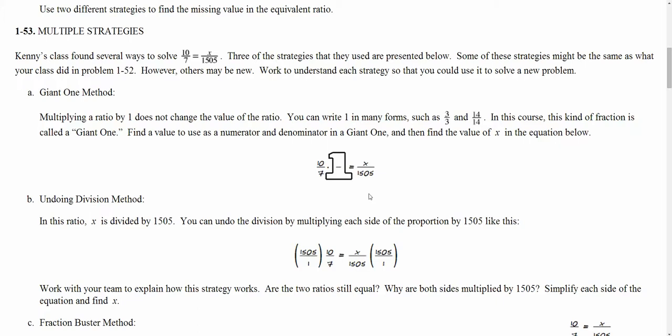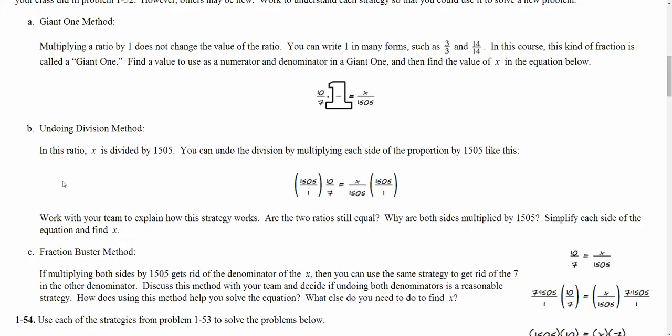And your answer is it's going to take Kenny 2,150 minutes to actually do all these origami cranes. Not that bad if you know that the trick is to take 1,505 and divide it by 7. So take the larger number divided by the smaller number, find out what you need to multiply the small number by to get to the big number. That's really the essence of giant 1.